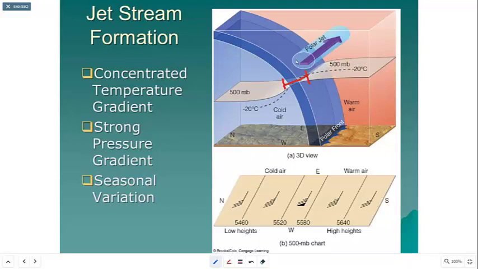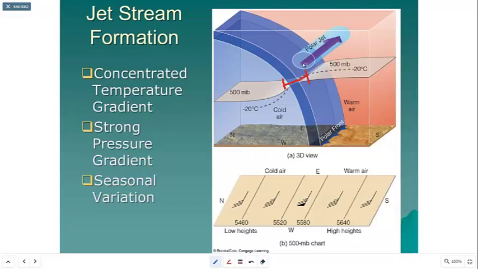And so the jet stream is situated where we have a good temperature gradient from south to north or north to south. And with that temperature gradient, you'll also set up a pressure gradient. And these high altitude winds like to be up just tucked underneath the tropopause, because that's where the frictional factors would be the less. Remember, friction was the greatest at the surface and decreased with height.